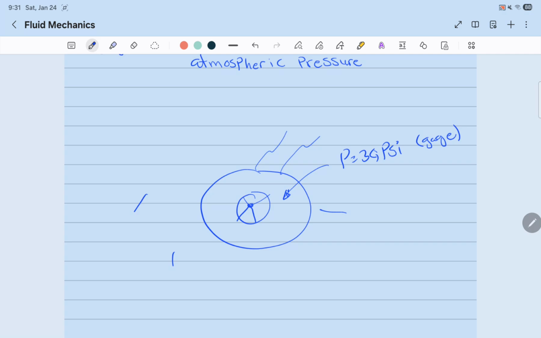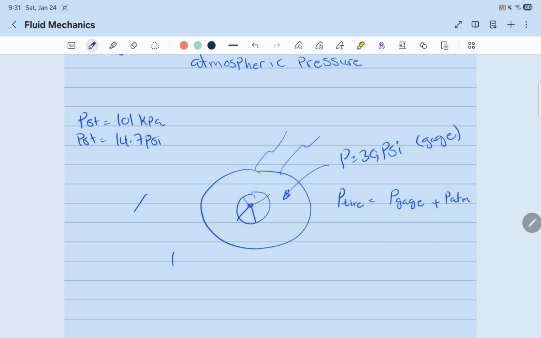If you want to convert that from gauge to absolute, the pressure of the tire will equal the gauge pressure, meaning the pressure inside, plus the atmospheric pressure, which is the standard pressure. So the standard pressure is 101 kPa, okay? Or in different units, it could be 14.7 psi.